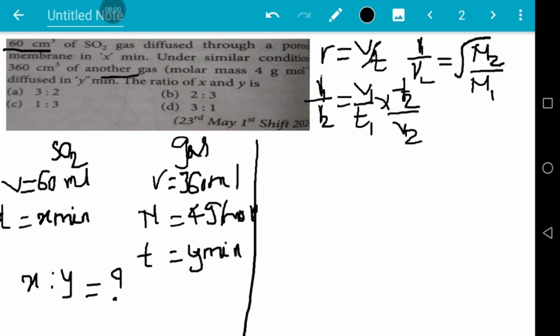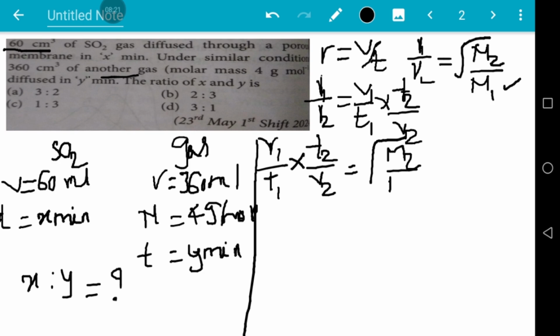So this is the R1 by R2 value, and this is also R1 by R2, so you have to equate both. Then V1 by T1 into T2 by V2 equals root over M2 by M1.